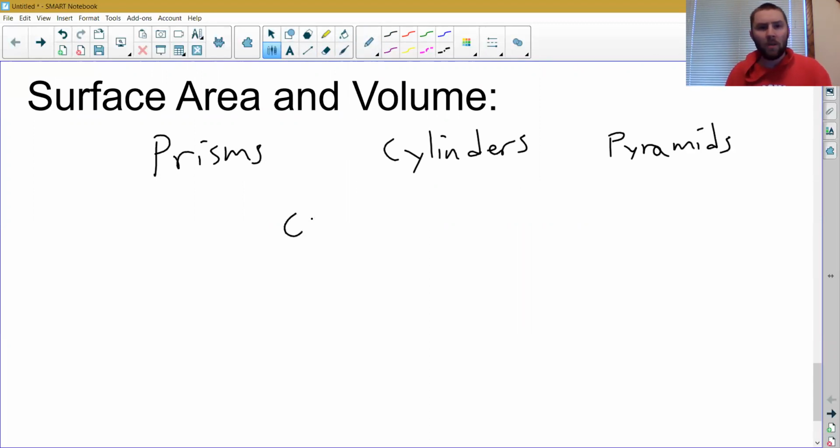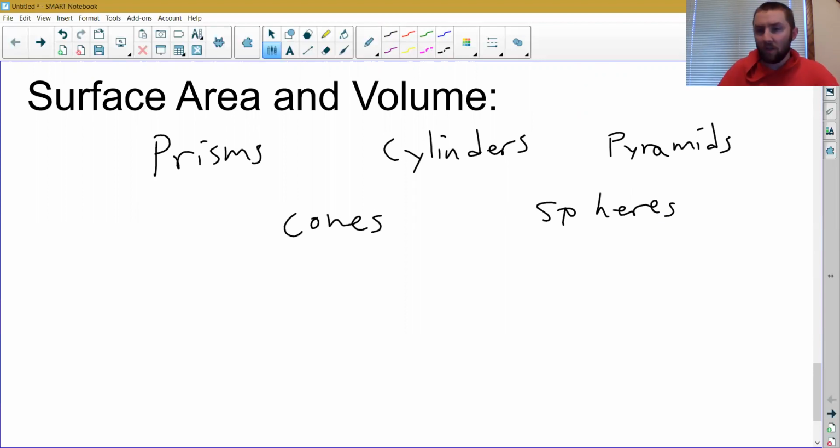We had cones, and we had spheres. So each of these 3-dimensional solids, 3-dimensional figures, you should be able to use the formulas for surface area and volume to find those, remembering surface area is units squared, volume is units cubed.